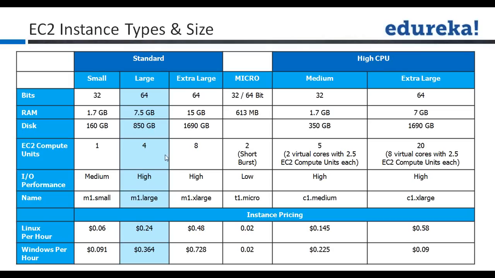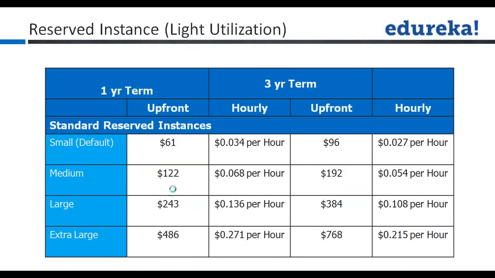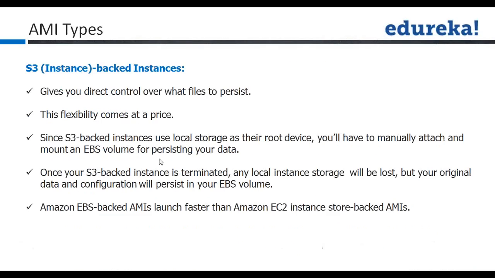That is the transient storage. For an S3-backed instance, transient storage is attached, and it holds the file system or operating system. This gives you the flexibility to manage your file system there.